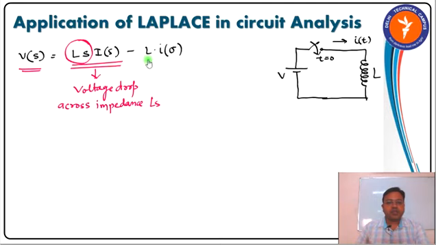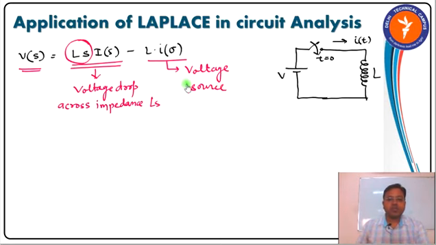If it is the voltage drop, then this should also be a voltage, but it does not have anything which is impedance. So it must be a voltage source.